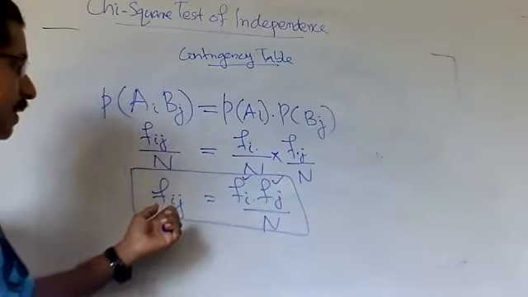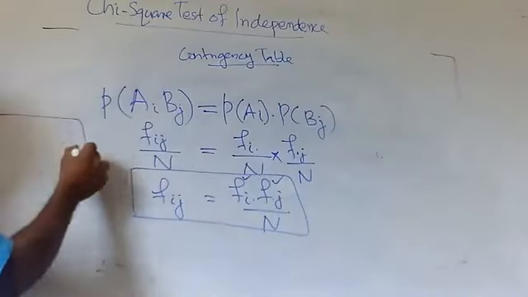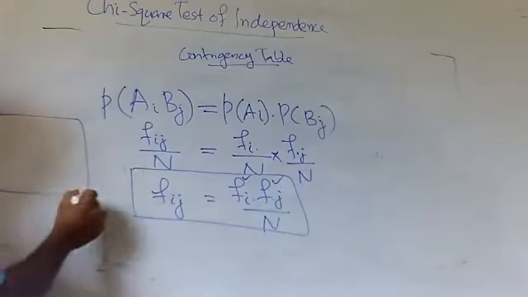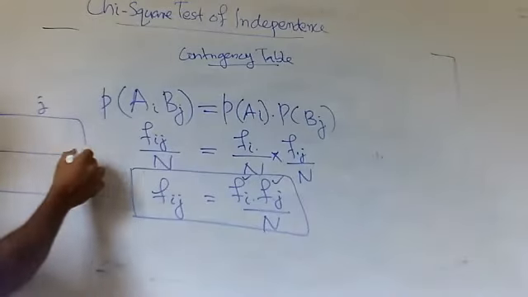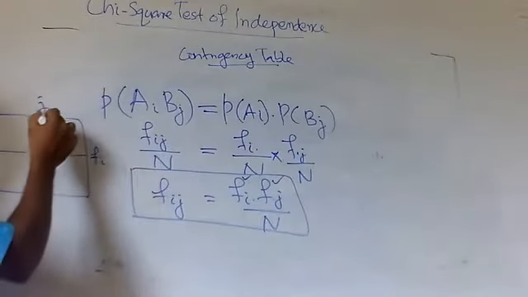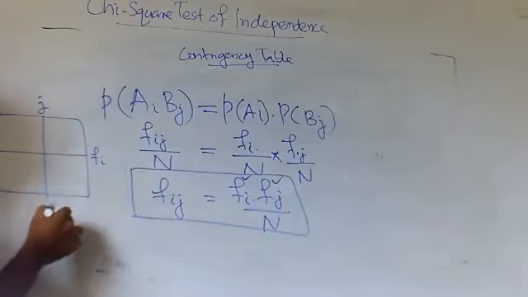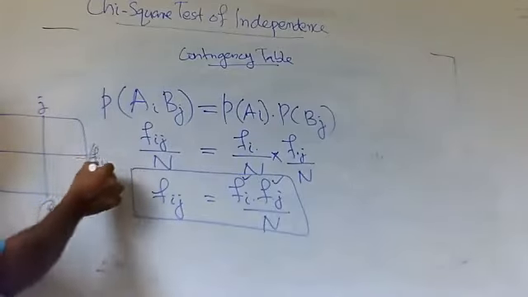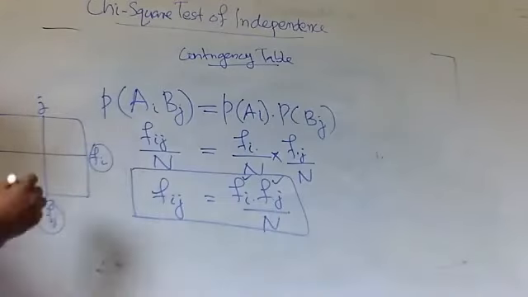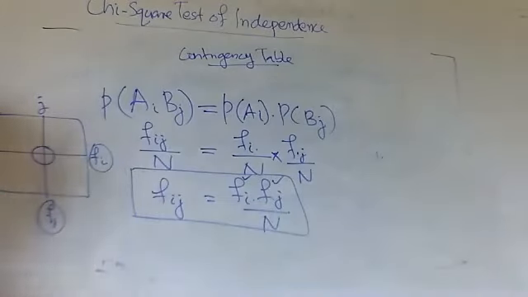So in this matrix, if you know the row total Fi dot and the column total F dot j, you can find out the number of observations here.